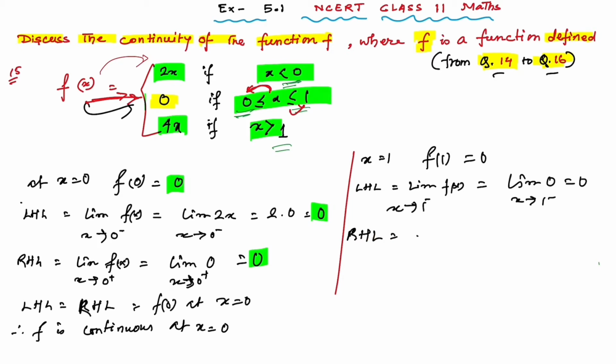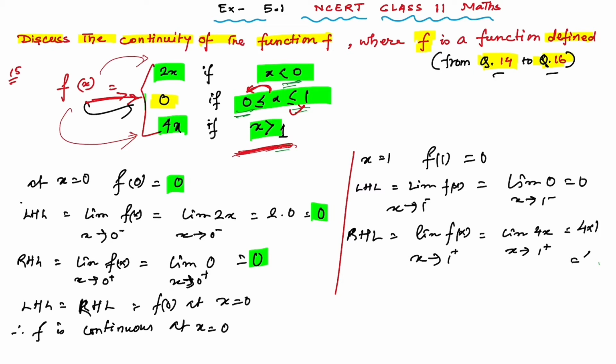Now, the right hand limit of f of x, x tends to 1 positive. For x greater than 1, not equal to 1, the function f of x is given by 4x. So, the limit of 4x as x tends to 1 positive is 4 into 1, that is going to be 4.